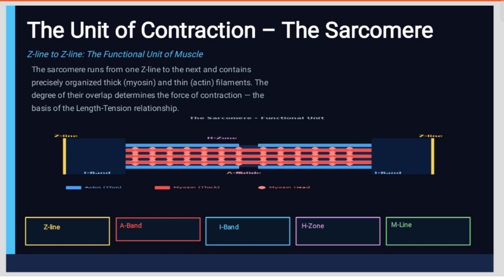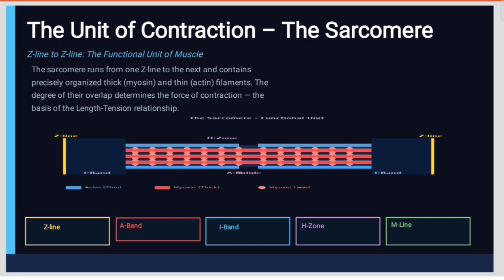Now, if the muscle fiber is an army, the sarcomere is an individual soldier. Every contraction that your body makes is the result of millions of sarcomeres contracting simultaneously. As this slide tells you, the sarcomere is the functional unit of the skeletal muscle.